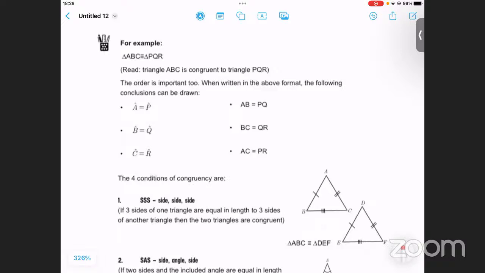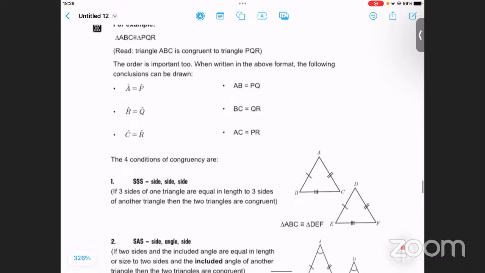These are the 2 triangles they are referring to, this one that you see over here and the other one.